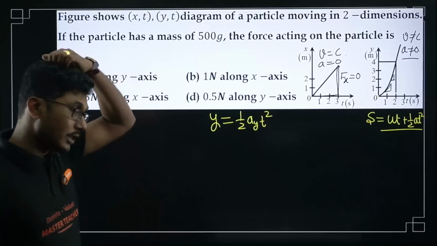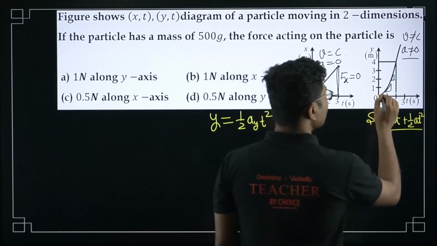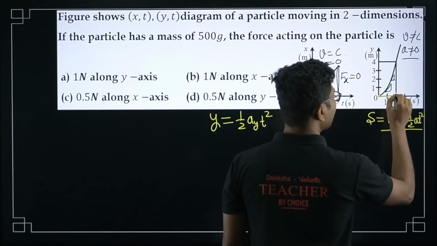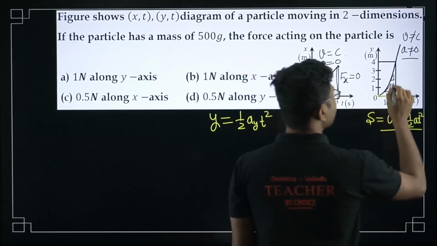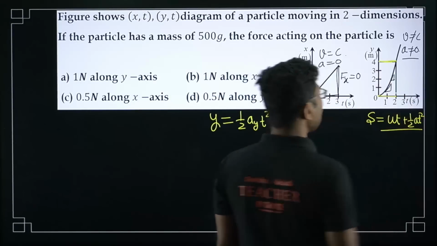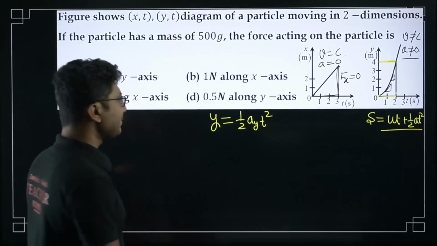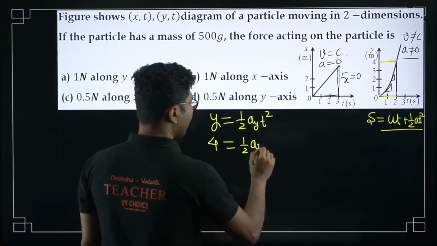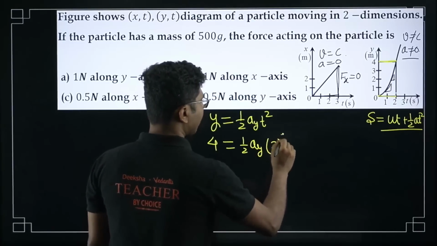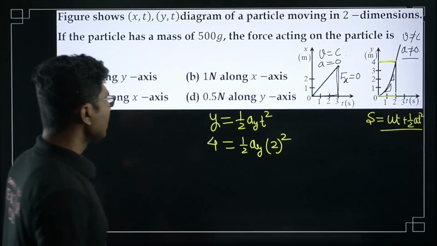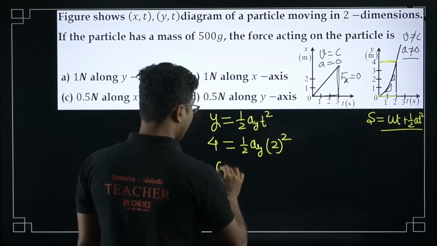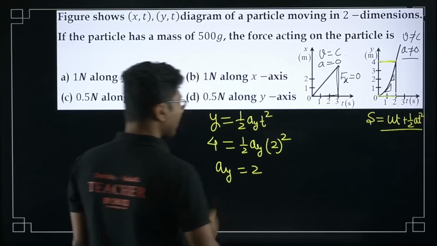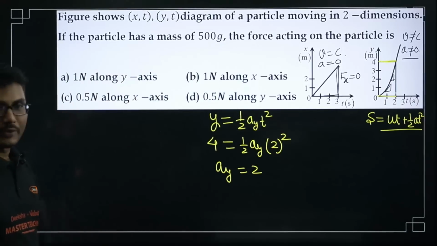After 2 seconds, t equals 2, the displacement is given by 4 meters. So 4 equals half ay 2 square. Right? So we got ay equals 2.